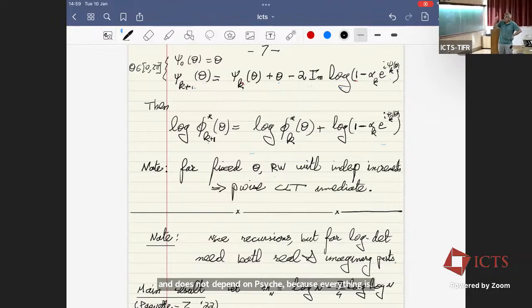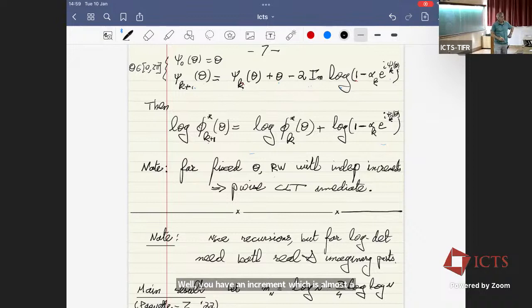So if I'm looking at a single theta, these psi's are actually a random walk, pure and simple. You just have a random walk, a scalar random walk, where you have an increment which is almost a Gaussian.